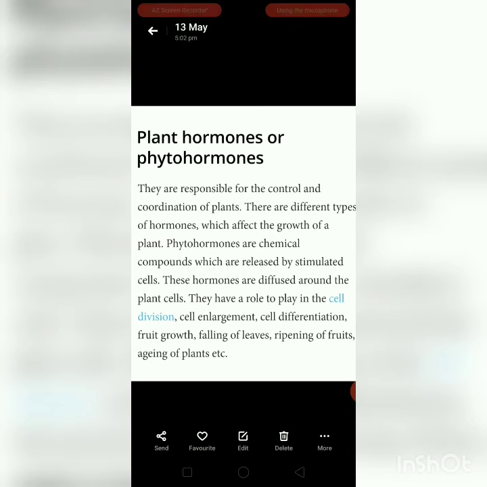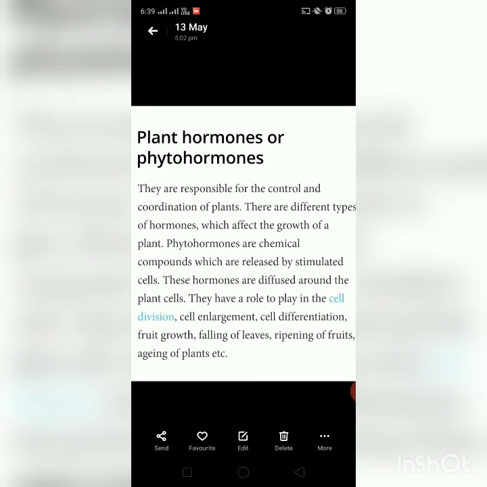Some hormones are used for cell division, some for cell enlargement, some for cell differentiation, meaning in different parts of a plant, different cells will work. Some are for fruit growth, some for the falling of leaves, ripening of fruits, and aging of the plants, etc. All these hormones do their different works.